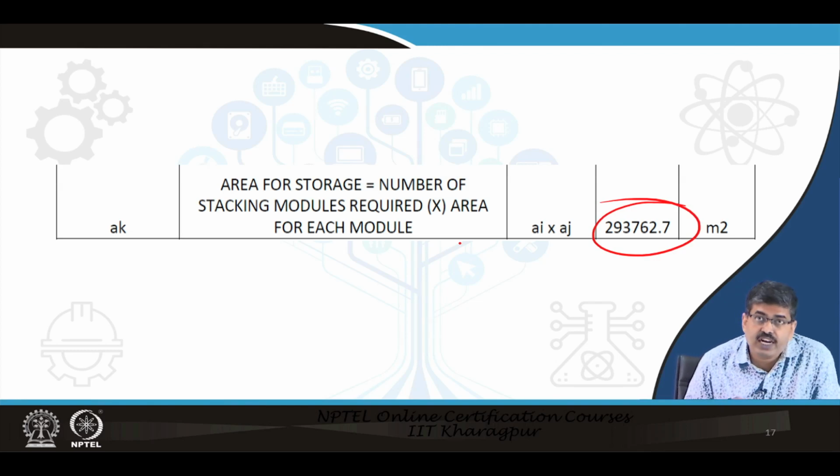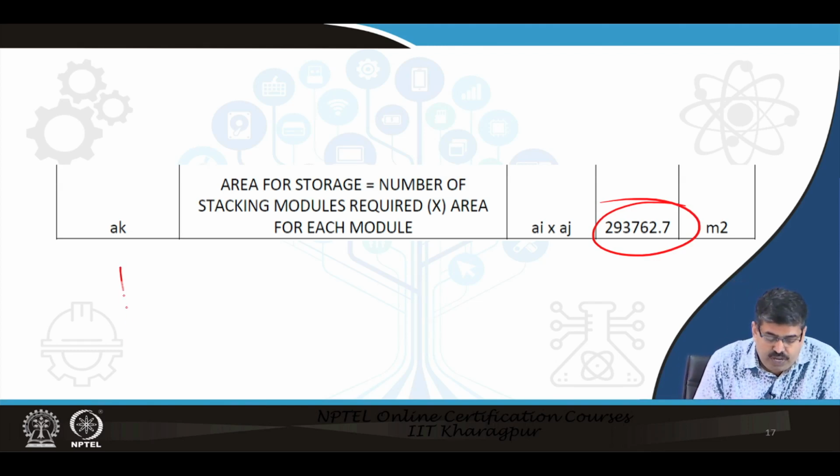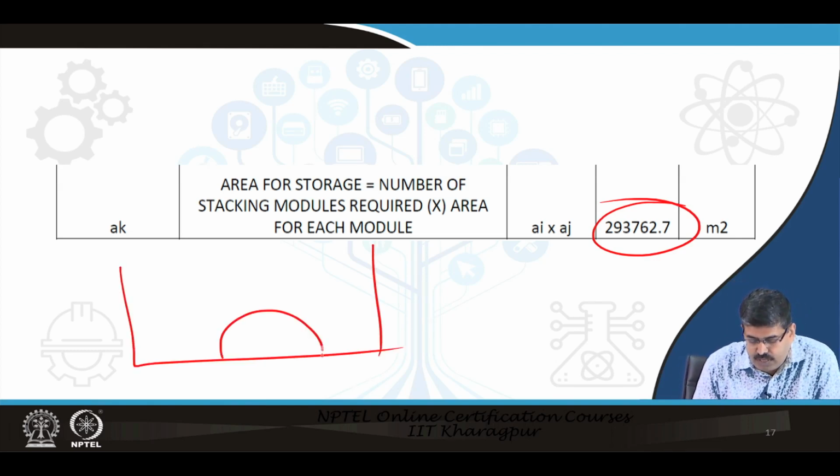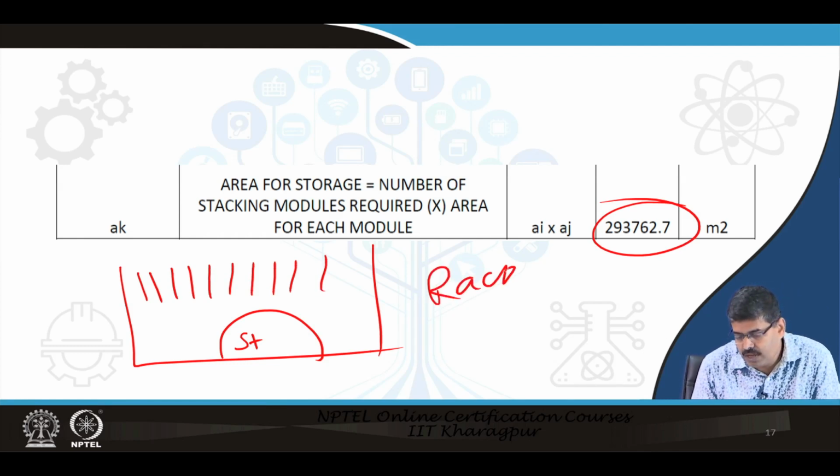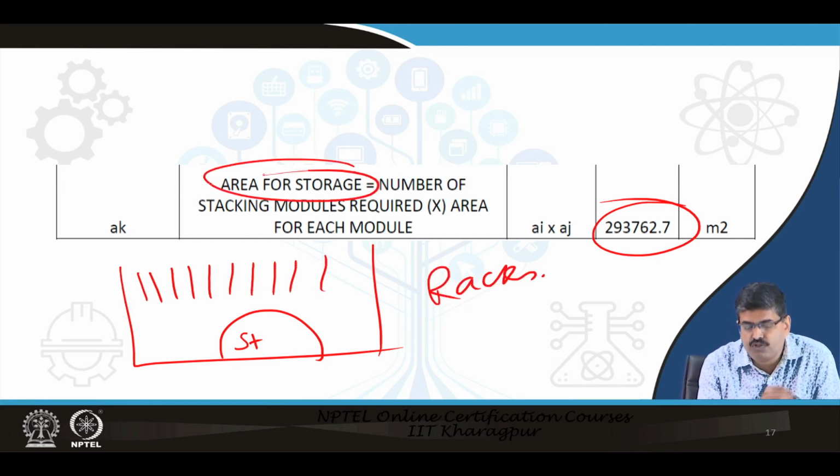So, what did we get up to now? Up to now we have got staging area and racks. Okay, that is area for storage. So, we have got staging area and storing area. What we have not got, remember we were calculating module and we have kept aisle.